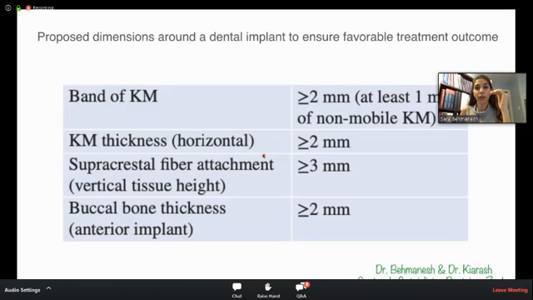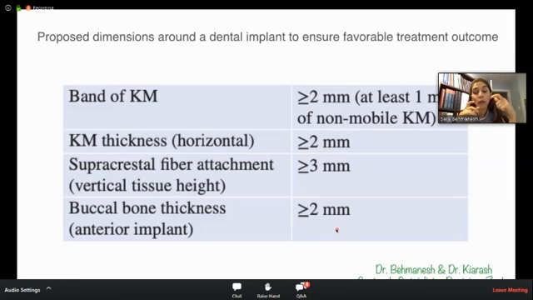So apicocoronally, we want at least 2 millimeters width of keratinized gingiva, and 1 millimeter of it should be attached. As far as thickness, of course, the thicker the better, at least 2 millimeters. Supracrestal fiber attachment or vertical tissue height ideally should be 3 millimeters or more, and buccal bone thickness should be 2 millimeters or more as well.